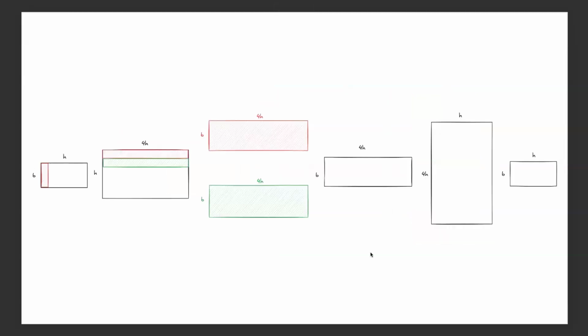And if we try to go around it the other way, if we try to split it row-wise first, then yes, we can save some memory on the initial input, but once we do the first multiplication, we instantly get a b by 4h matrix on each GPU. And b by 4h is much, much bigger than b by h. We also have to do an all reduce operation in the middle before we can do the second multiplication. So it's a very bad deal, right?